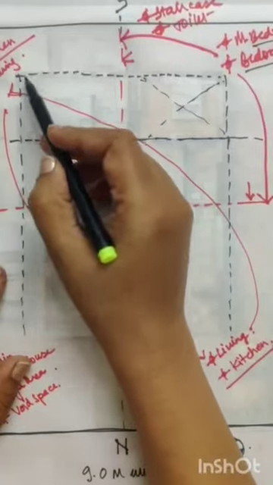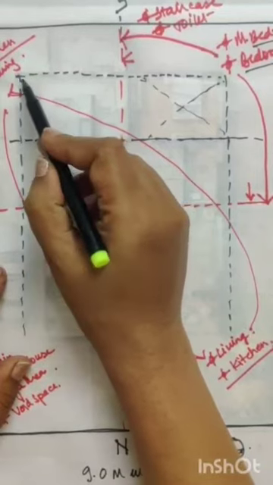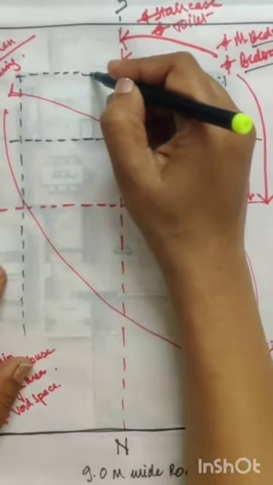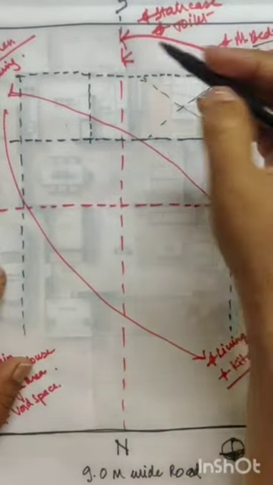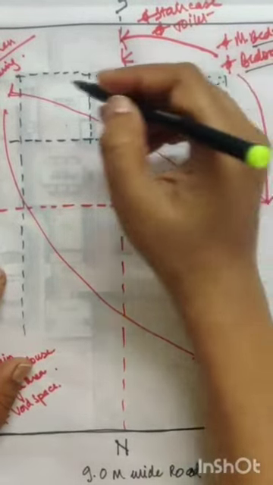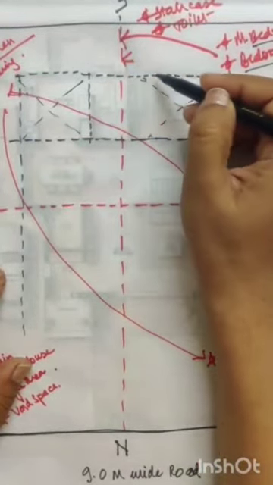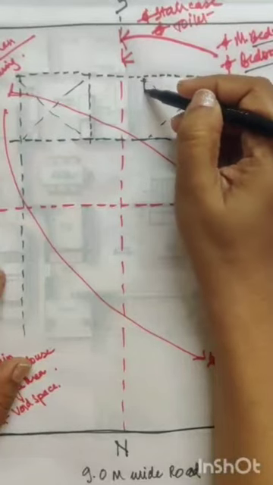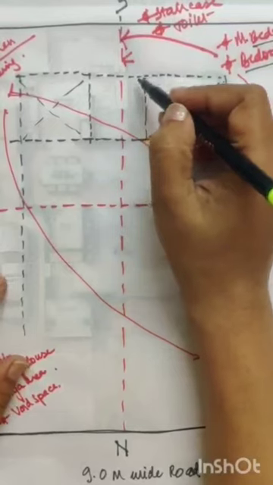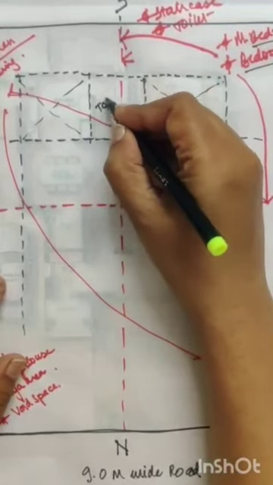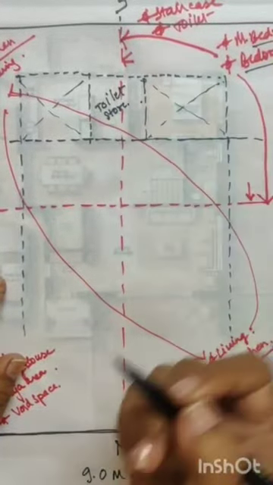Then here comes the kitchen area. So again we are saying we got 10 feet on one side of the kitchen. Now again we can mark 10 feet this side. So here we have the kitchen area. Then in between we can provide either a toilet or a store.